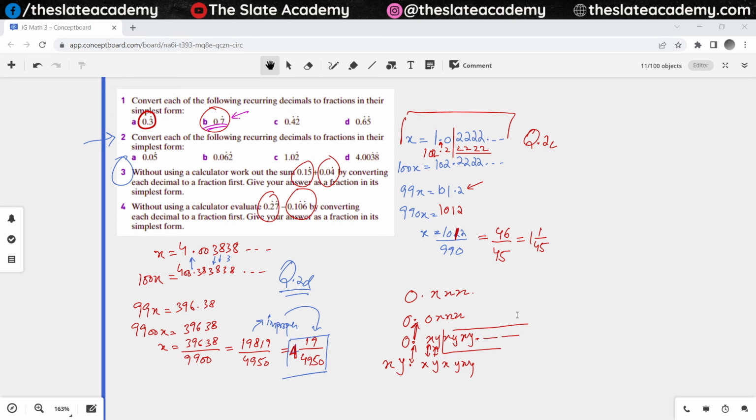By the way, you people can share it in the group for question number 3 and 4. Anybody who solves it completely, share your answer solution in the Google chat group.